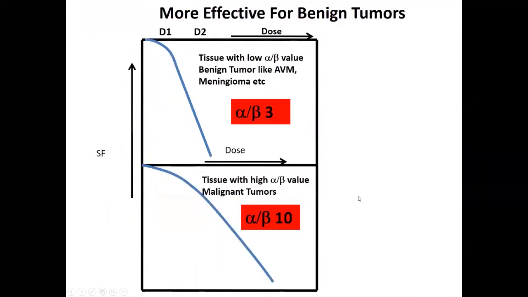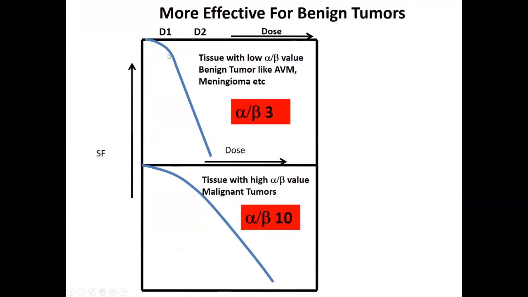Now, we all know that SRS or the non-fractionated radiotherapy is being used for benign tumor as well. Benign tumors have low alpha beta ratio. They behave like late reacting tissue. So naturally, they have a similar shape of the cell survival curve as late reacting tissue.